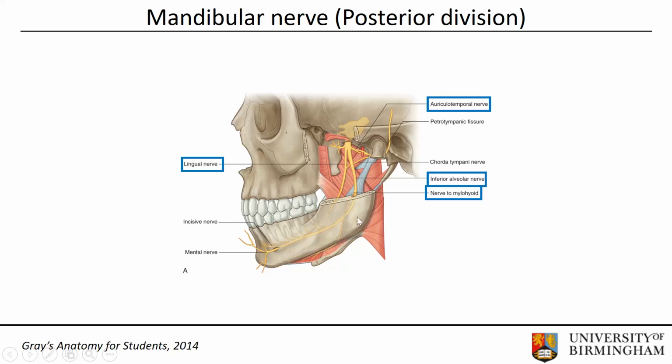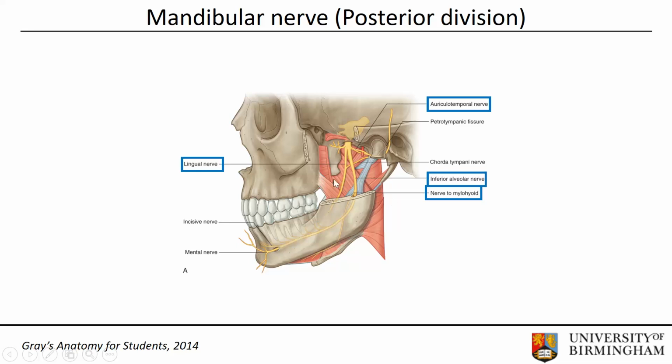So note here the disposition of the lingual nerve and the inferior alveolar nerve. The lingual nerve runs anterior to the inferior alveolar nerve, and you can see this in the prosectorium, in one of the tables where you can see the muscles of mastication.